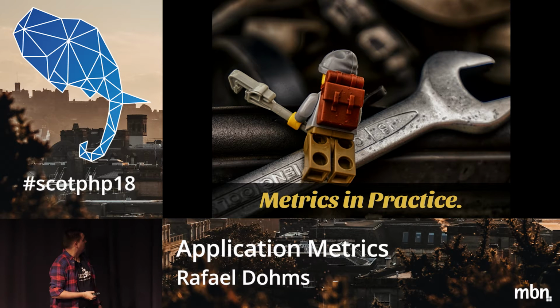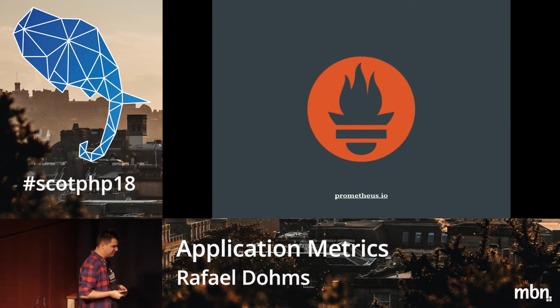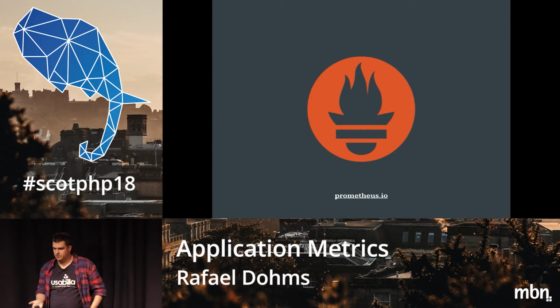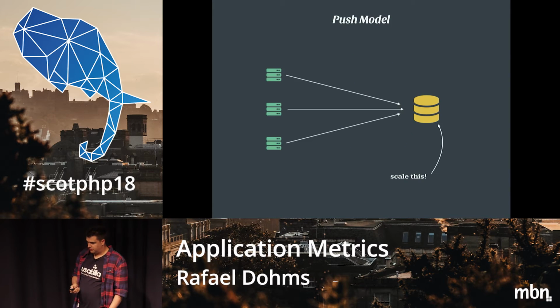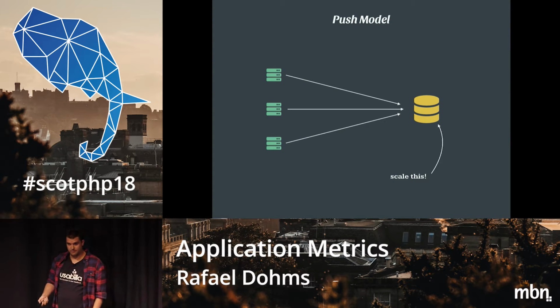Cool. So, right, since I promised you Prometheus and not just the movie references, I want to talk to you about Prometheus. What is the difference with Prometheus? Why is Prometheus actually pretty awesome? If you've done metrics in the past, especially the ones using things like Influx, what you usually have is your application, it collects data, and then it pushes that data into a central repository of statistics.